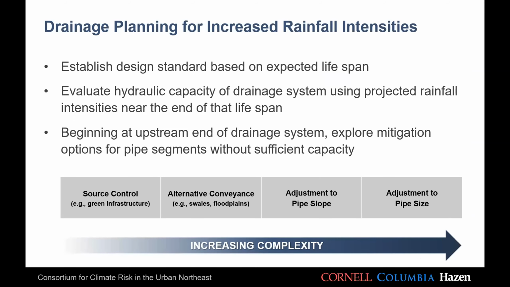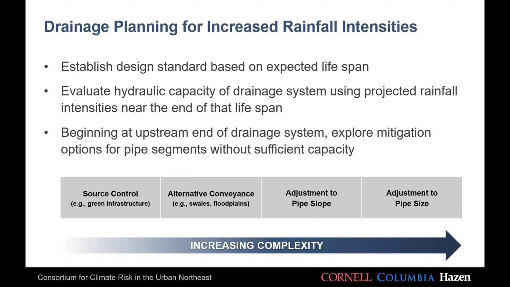So another part of our study was looking at recommendations for potentially accounting for increases in precipitation extremes in drainage planning. And there are some general principles that we came up with. I'm sure we weren't the first ones to come up with this, but there are some general principles that can be followed.